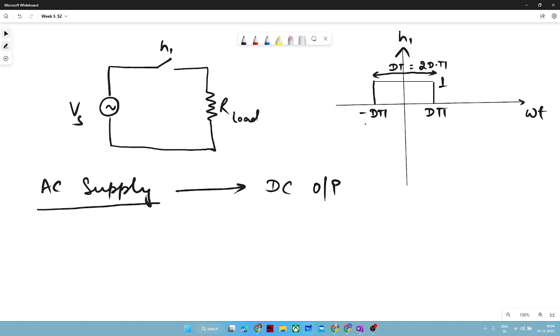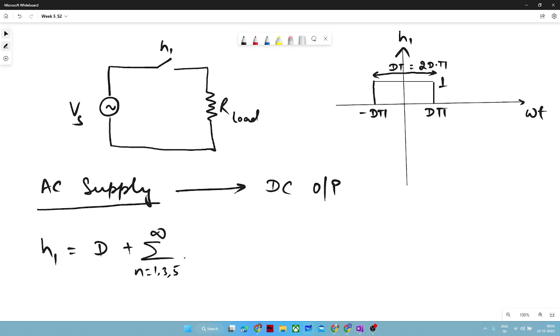Now, this switch is in a square form, right? It is a rectangular pulse. But we want sinusoidal. Okay, all we want is DC at output, and we want AC or pure sinusoidal at the supply side. But we will get it or not, we will see, because I have already derived the expression of the switching function, that was d plus, n equal to 1, 3, 5 up to infinite.